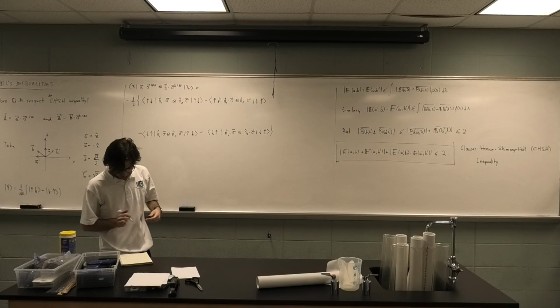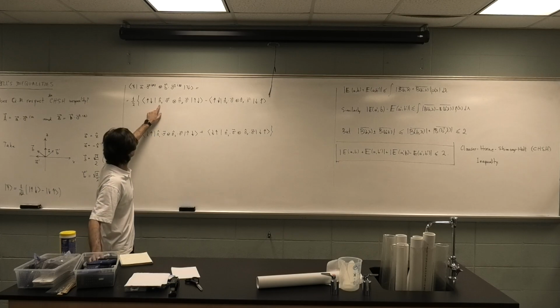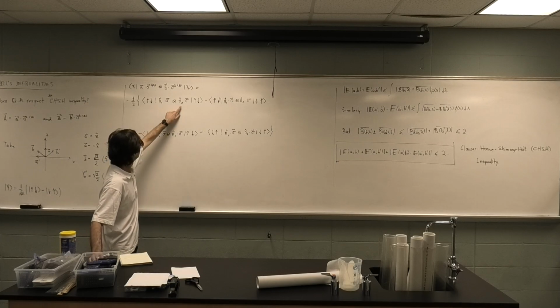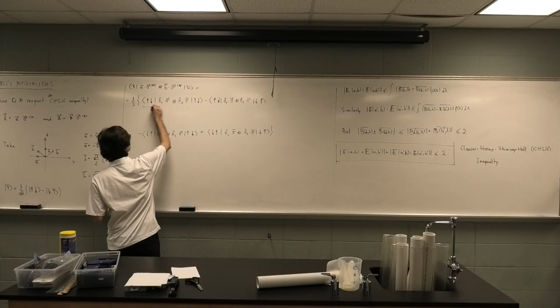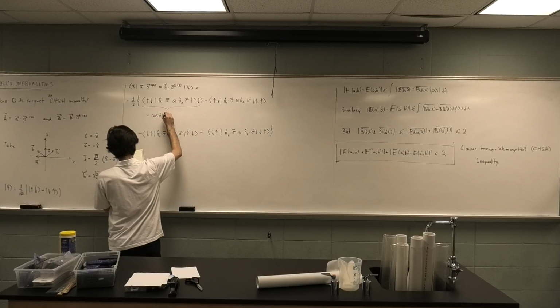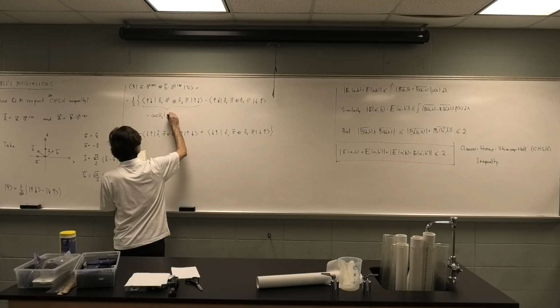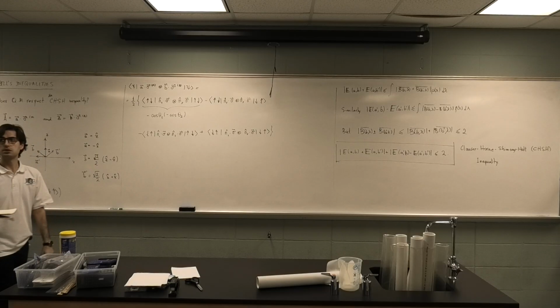This is just the product of the expectation values between this and this one. Right? So this one is minus cosine of theta 1 times minus cosine of theta 2. Theta is the angle with the z direction.